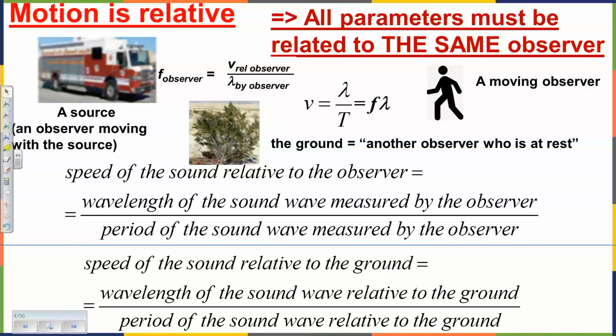And these are just examples of the straightforward application of this rule. So if we write an equation like this, all variables are supposed to be related to the same origin, to the same reference frame. And in this situation, in general, we can choose 3 different reference frames. One is related to the ground.